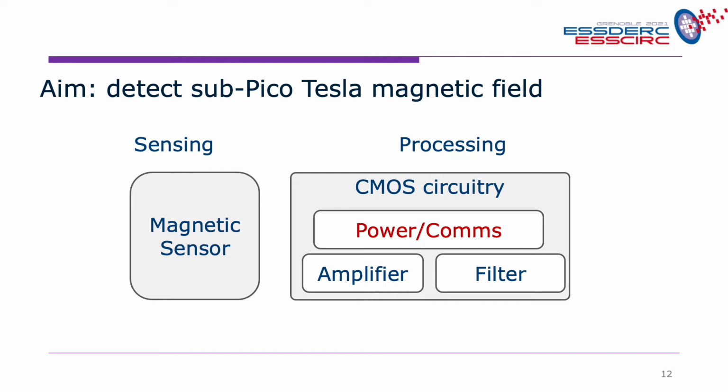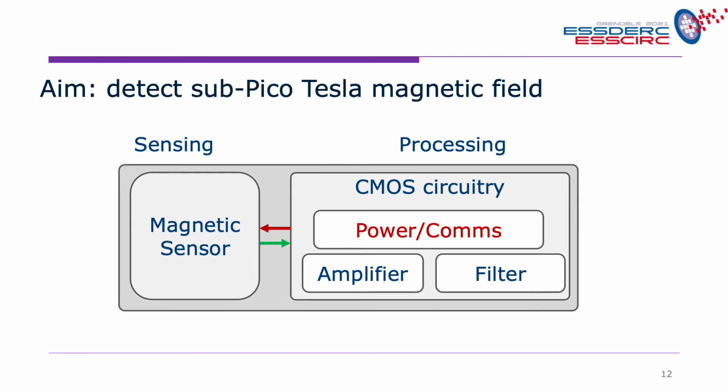The CMOS circuitry is typically for power, communications, amplifying, filtering and cancelling the noises. Our solution should be an integrated sensor which includes the sensor device and readout circuit on the same substrate. In that case, we can have effective and highly sensitive sensors.